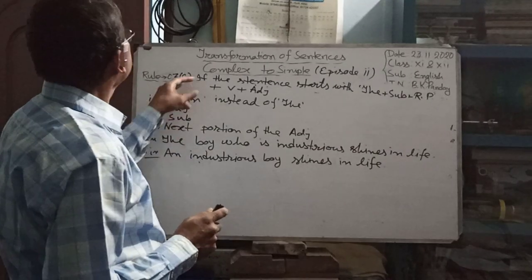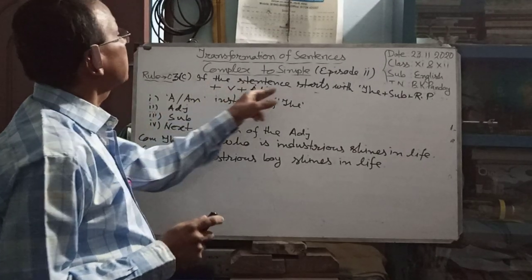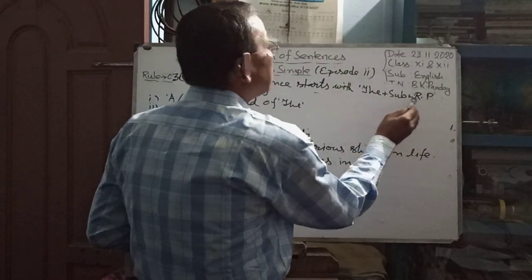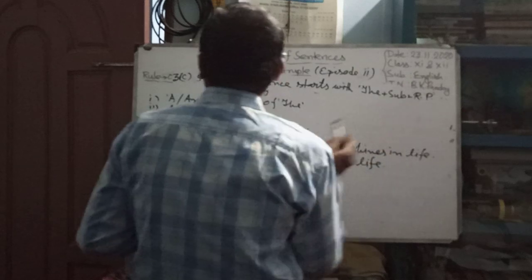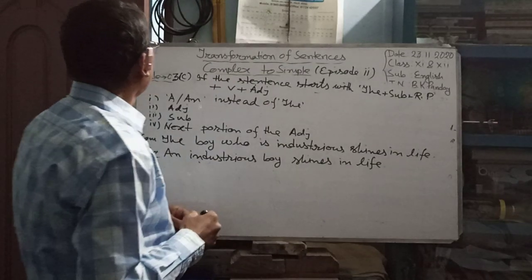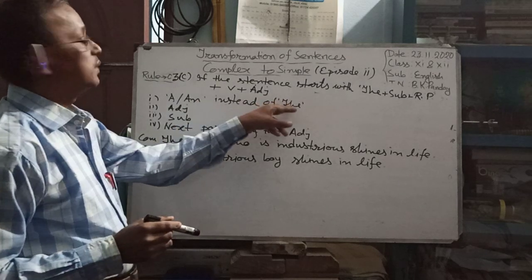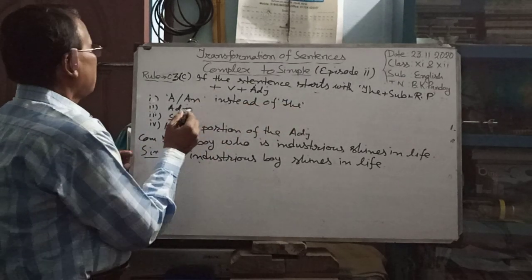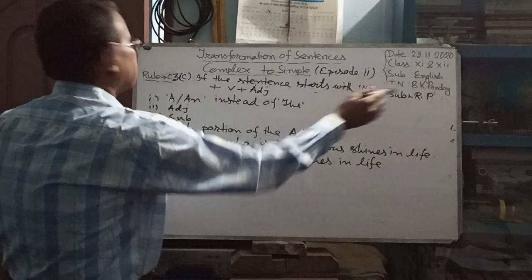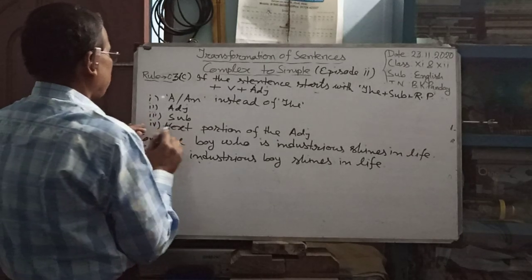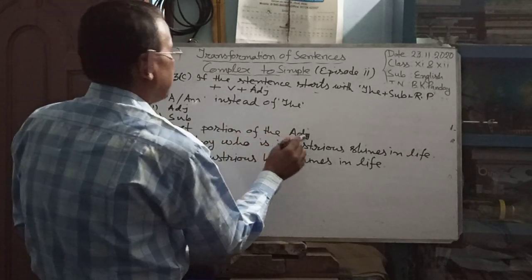Rule number 3c. If the sentence starts with the plus subject plus relative pronoun plus verb plus adjective, we have to write a or an instead of the. Then we have to write the adjective, then the subject, and last of all the next portion of the adjective.